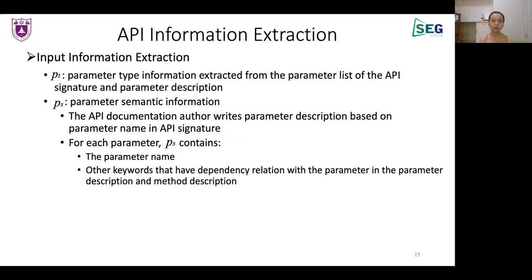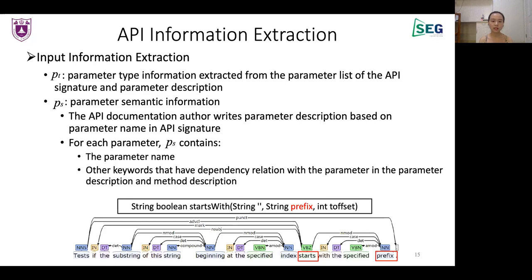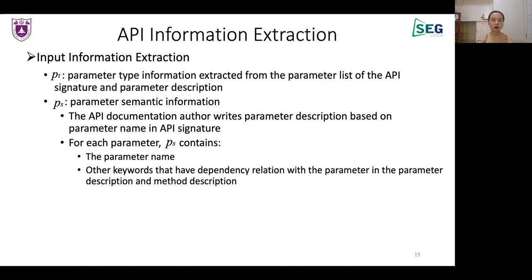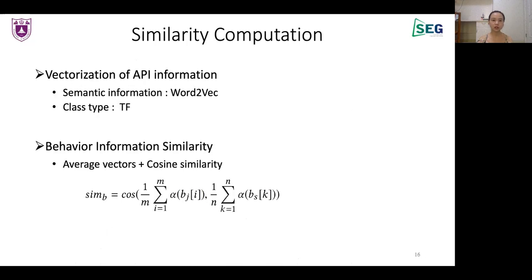Therefore, for each parameter, we can extract a two-tuple. One is the parameter name, the other is the word that has a dependency relation with the parameter in the parameter description and method description. The output information extraction is similar to the input information extraction.